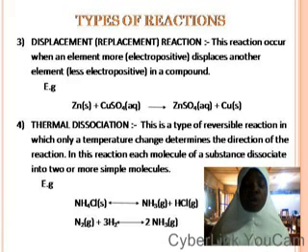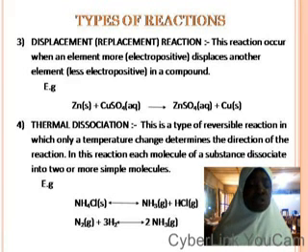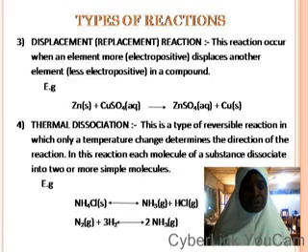Bromine forms potassium bromide, and then iodine is liberated. This is because bromine is higher in the group, so it is able to displace iodine, which is lower than bromine in the group. So that is that.